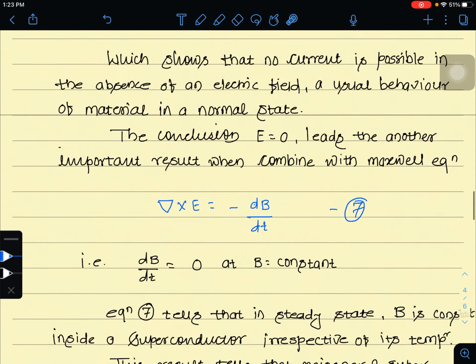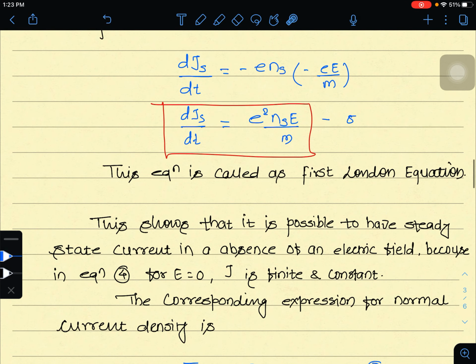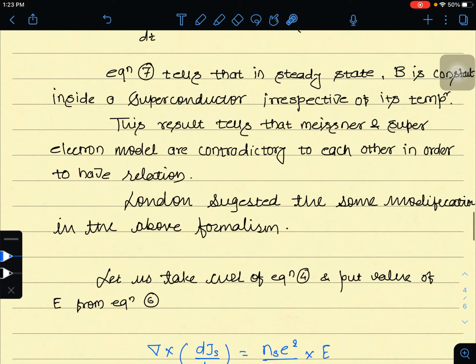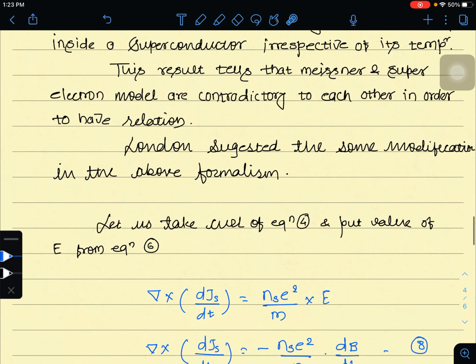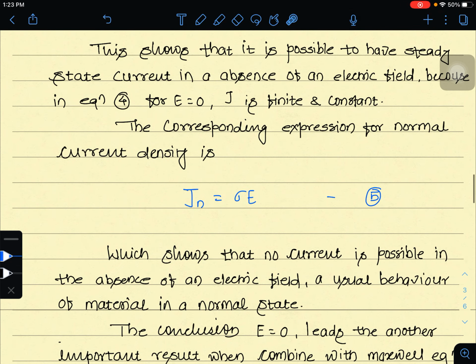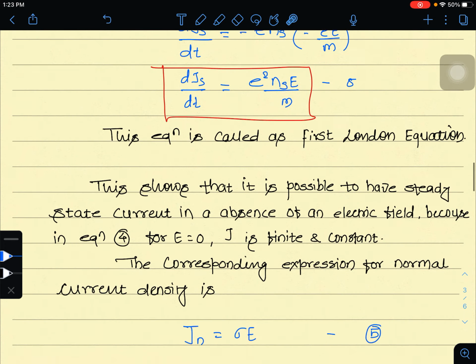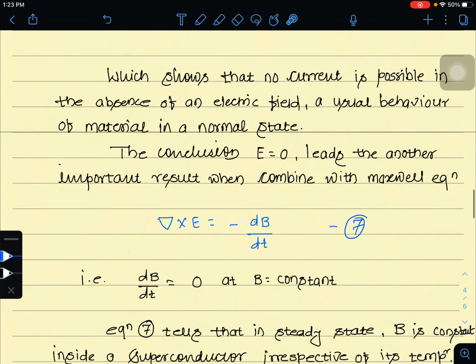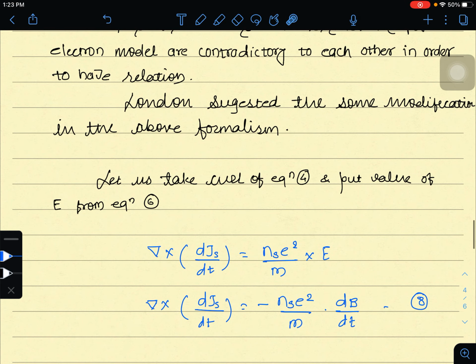Now the formula is djs by dt is equal to ns e square E by m.